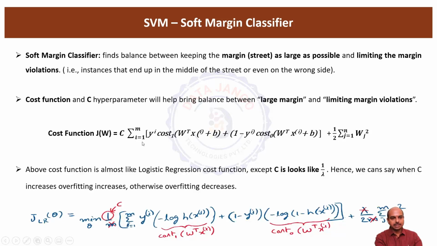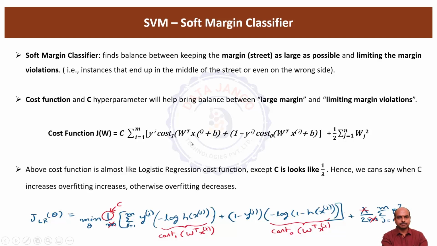If you look at this cost function, it is yi times cost1 of w transpose x plus b, plus (1 minus yi) times cost0 of w transpose x plus b. With the additional regularization term, this is actually logistic regression's cost function.